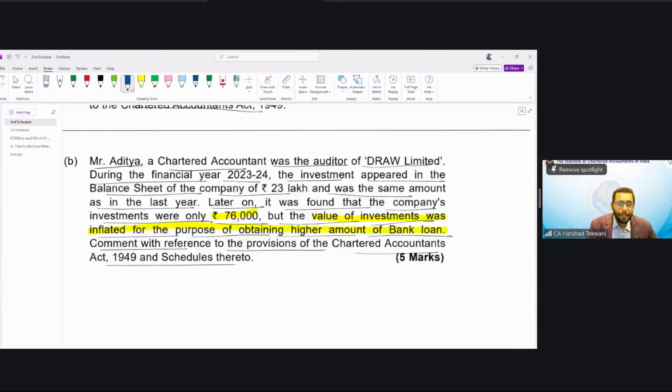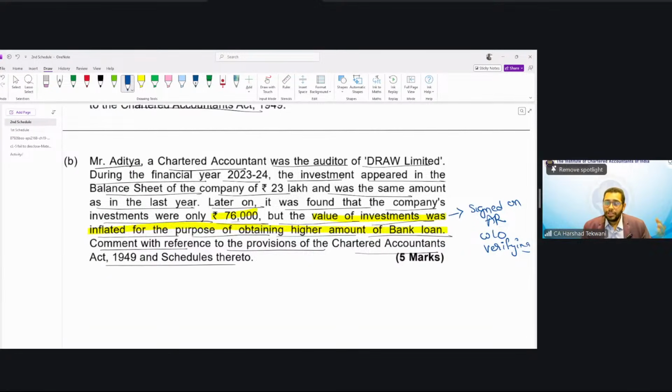So what is happening over here is, first of all, you signed on the balance sheet or on an audit report without verifying. It's a simple process that you need to validate the value of the investment. You need to obtain the corresponding documents. That's a normal basic audit procedure that you need to perform.